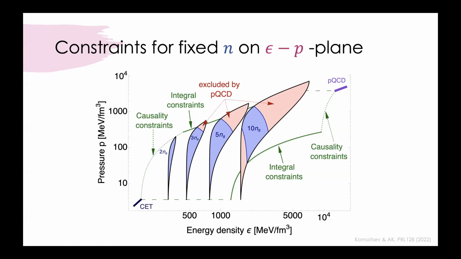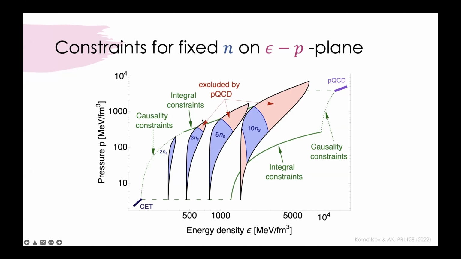Sorry, now I said it wrong. The black region, the outline here, is the region that is allowed without PQCD, and the blue region is the region that's allowed with QCD. And so you can see that at 2 saturation densities, there is no constraint coming from the PQCD calculation.